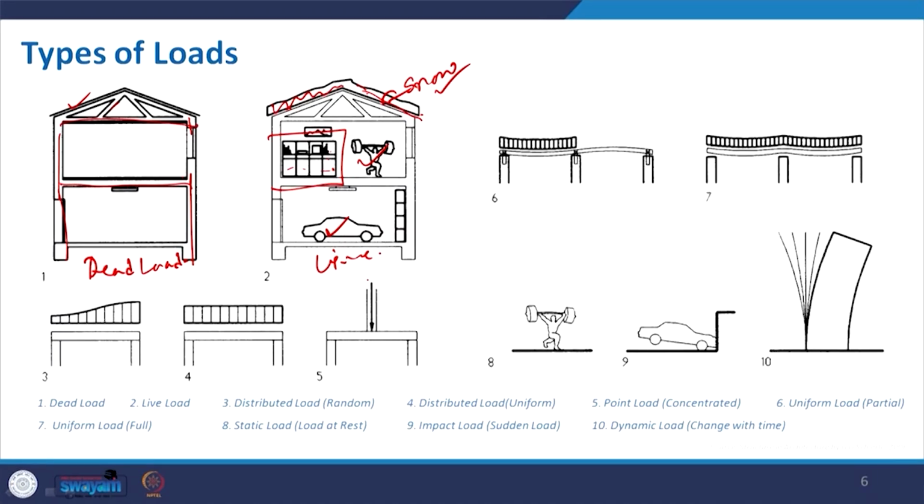Now, if you see picture number 3, what exactly is it? It is distributed load. Distributed load means when you apply a load to a structure, say for example, this is your beam and column, or someone is standing here.